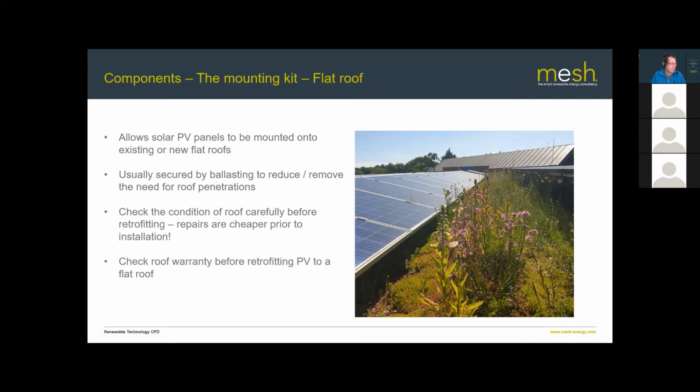And the second thing is to talk about roof warranties. So most of the roof covering manufacturers will have their own requirements for how PV is fitted to the roof, and failing to meet those requirements can lead to the warranty of the roof being made void.